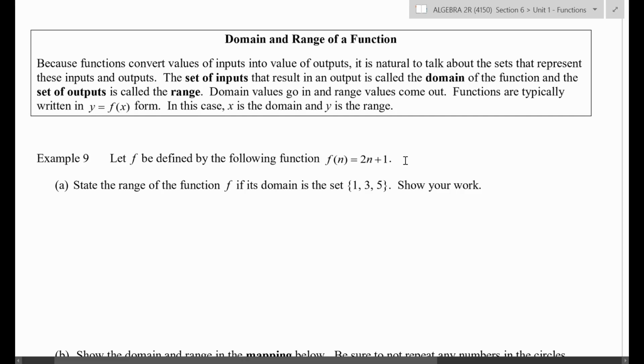The X, right? So D, which stands for domain, refers to X because X comes before Y and D comes before R. R stands for range, and so that deals with the Y values, right? Easy way to think about it, okay? So your domain is the X values, your range are the Y values, right?